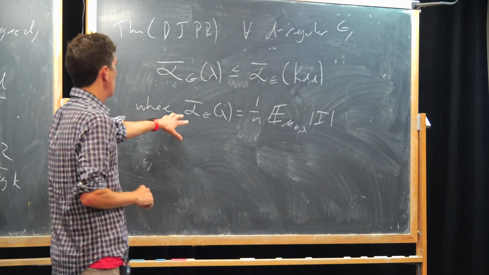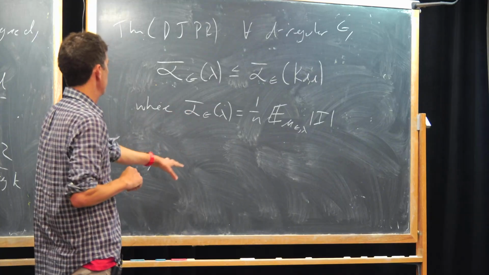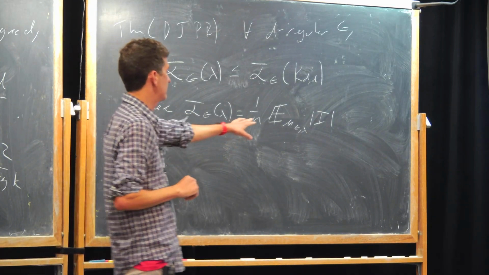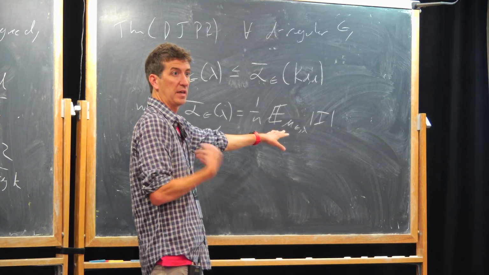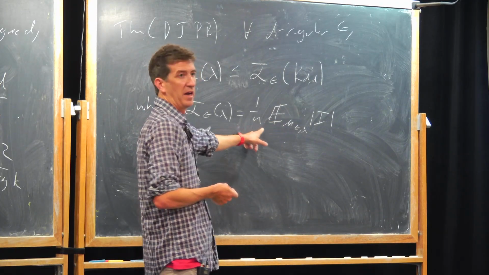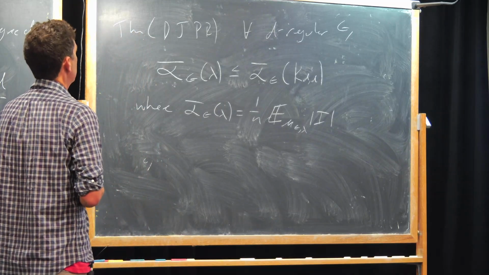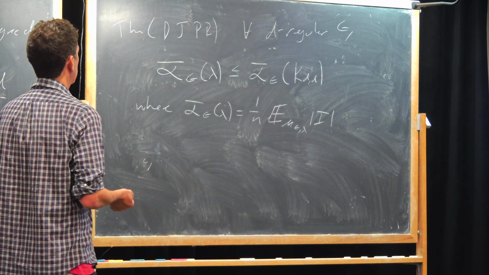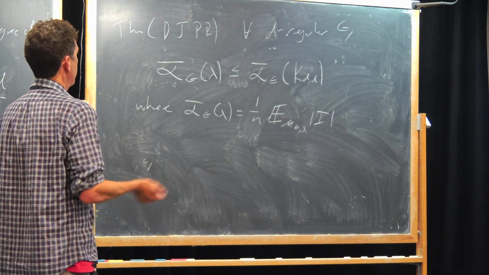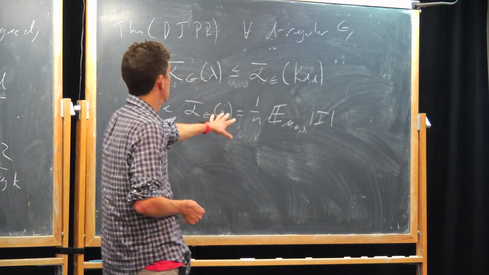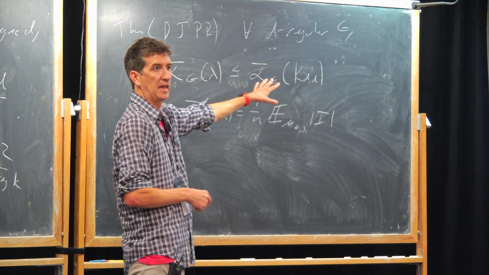This alpha bar is the occupancy fraction from your exercises yesterday. It's just the expected size of your independent set from the Gibbs measure divided by n. What this theorem says is that for any d-regular graph, if you pick a random independent set from the hardcore model, the expected density, the occupancy fraction, is bounded by that of K_{d,d}.